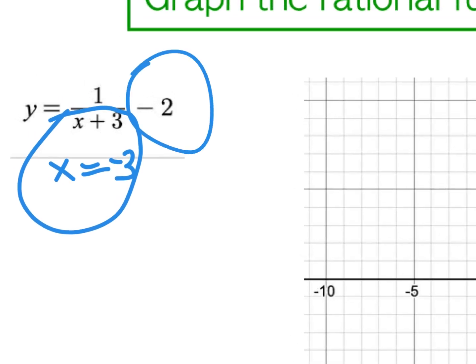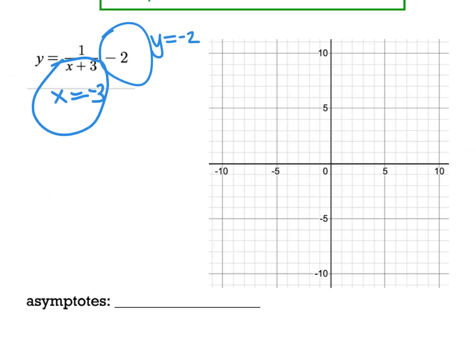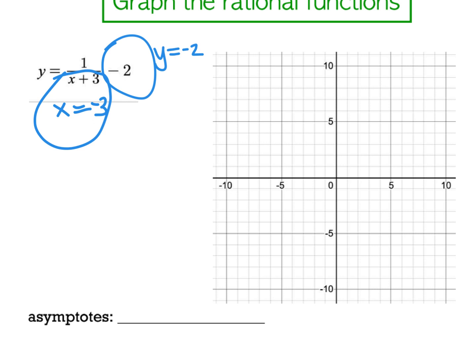And this one's y equals -2. And hopefully you'll know if that's horizontal or vertical. And then I'd go make my asymptotes. Put the dotted lines on here. And then I would figure out a couple key points. Do it. Your job. Pausing while you try that.